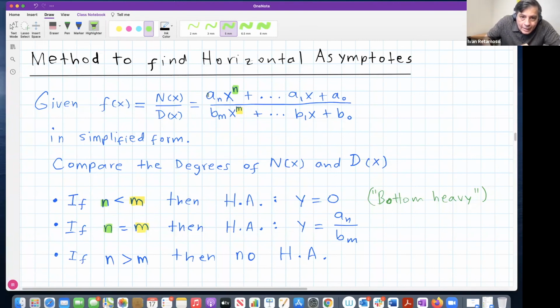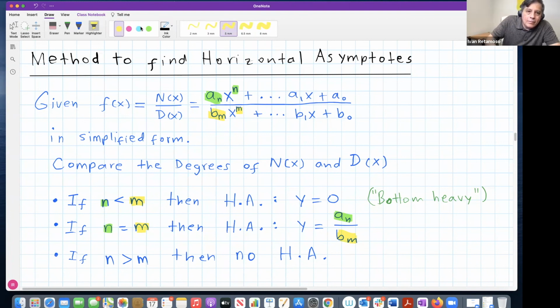Look at this guy, the first number, the leading coefficient, divided by the first number that appears on the denominator, going from left to right. And this quotient will determine the equation of your horizontal asymptote.